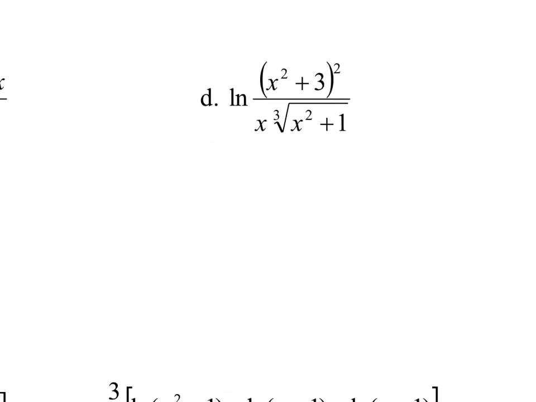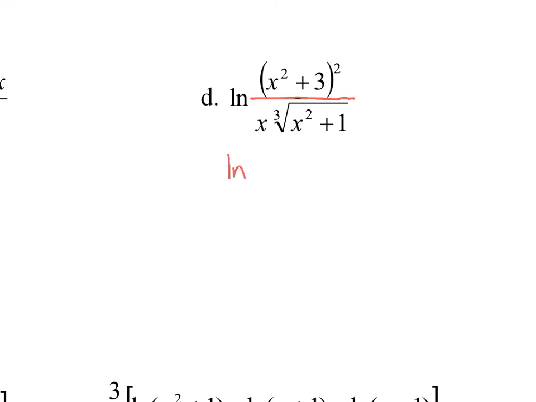Let's skip to this one here. How many logs are we going to split this into? Maybe 1, 3, 2. We could take it one step at a time. All right. Let's take it one step at a time. So we have division.